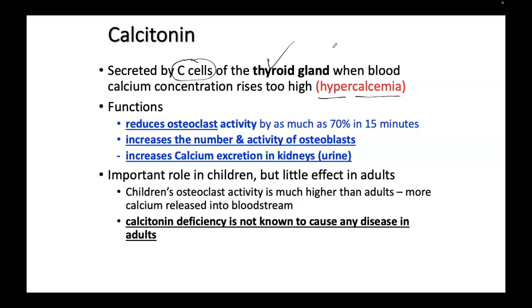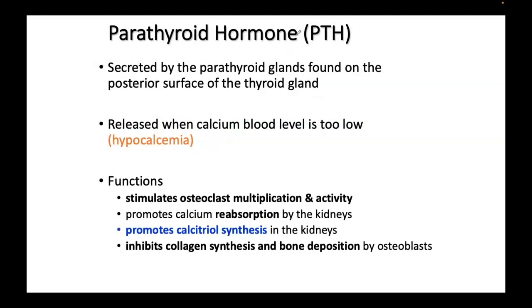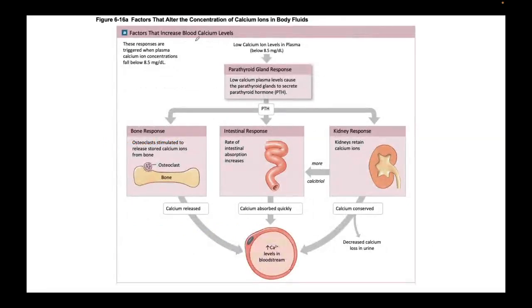PTH, parathyroid hormone, is secreted by the parathyroid gland, and it's released when the calcium level is too low. Hypocalcemia. So when we have this, we can have, again, the bones, the digestive tract, or the kidneys involved.